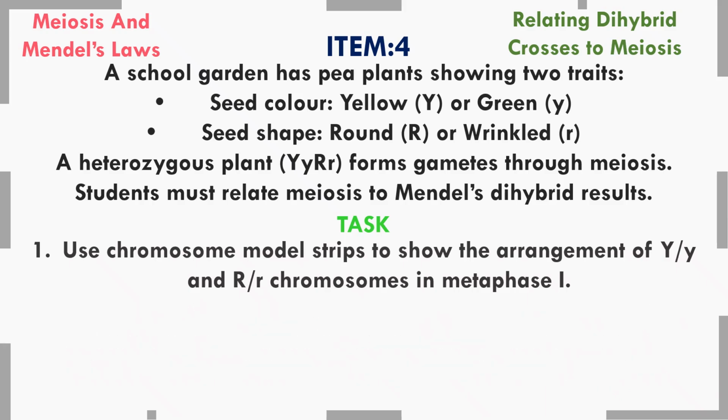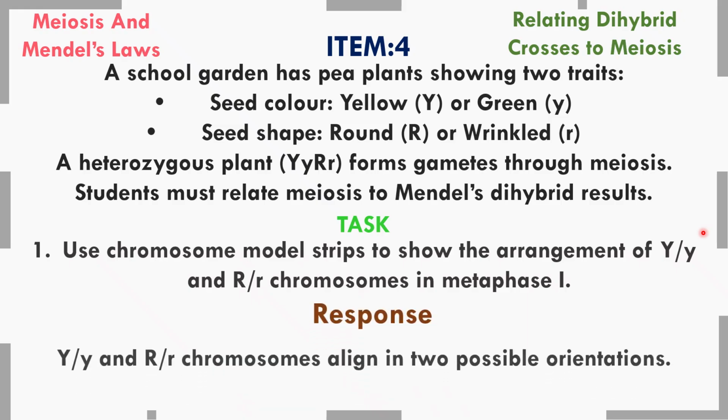Use chromosome model strips to show the arrangement of Y, y, and R, r chromosomes in metaphase 1. The Yy and Rr chromosomes align in two possible orientations.